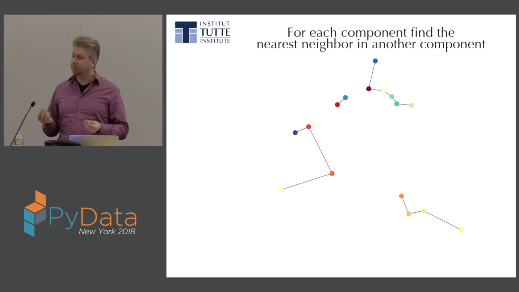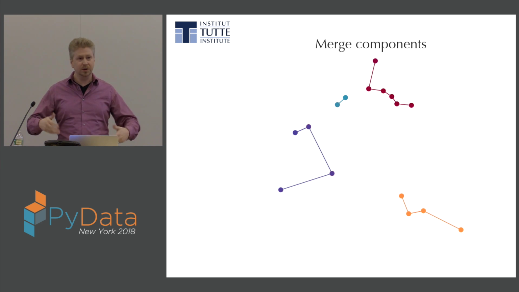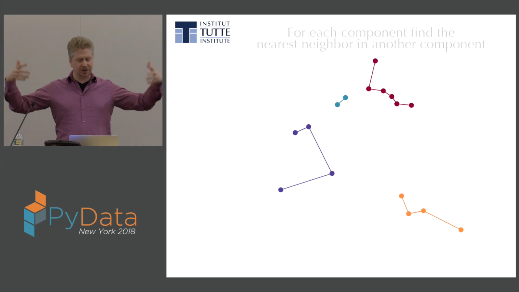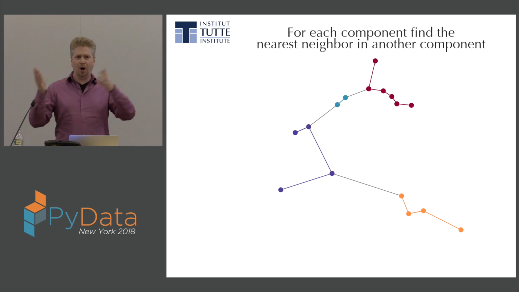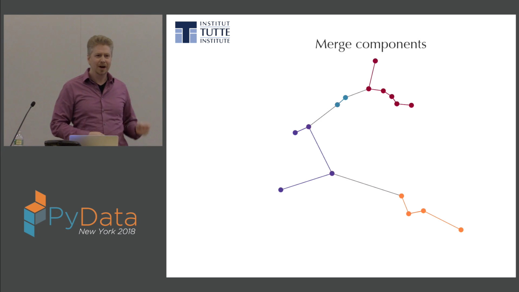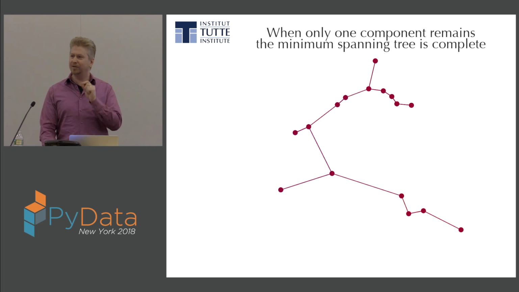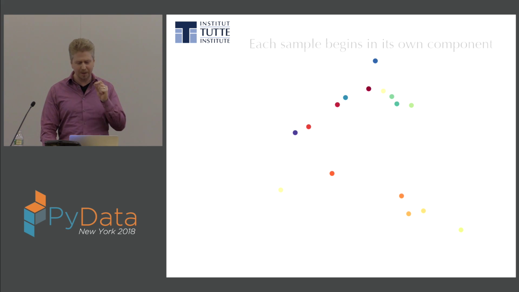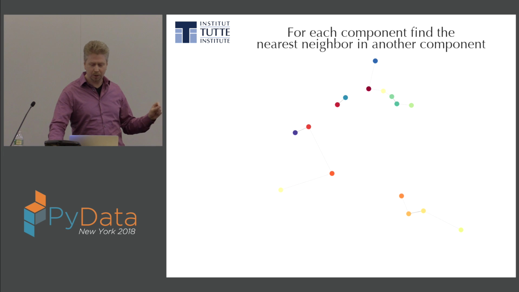For each component, we'll add in the smallest edge, we'll merge, we'll rinse, we'll repeat, we'll end up with a single big component, and that will be the minimal spanning tree. It sounds like almost what I just said earlier, except I used a slightly different word. I said nearest neighbor, not shortest edge. So if we can find a way to speed up nearest neighbor computations, then we can speed up our whole algorithm, and we're good to go.